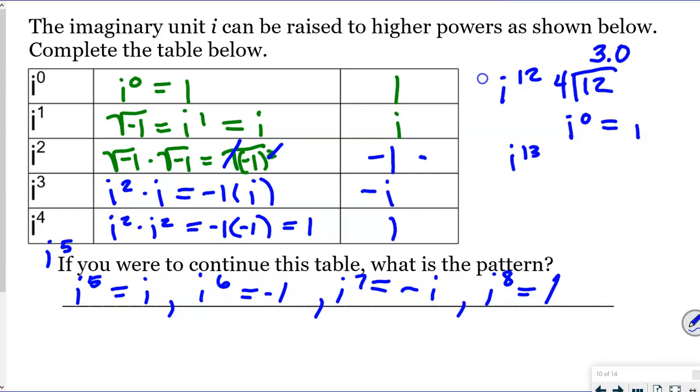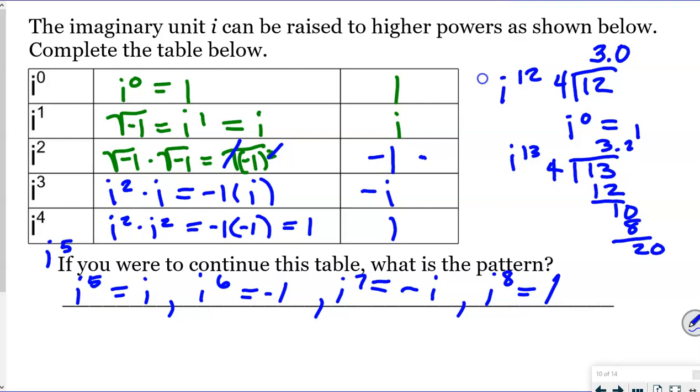Now let's do i to the 13th, because you'll see the pattern here, okay? So that's going to be 13 divided by 4. 4 goes in here 3 times, right? With the remainder of what? That's 12, 10. How many times does 4 go into 10? 2, right? So that's going to be 8 with the remainder of 2.